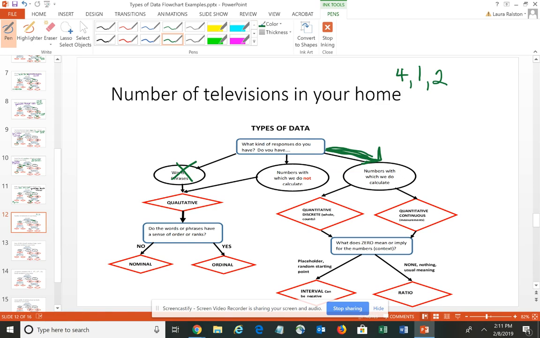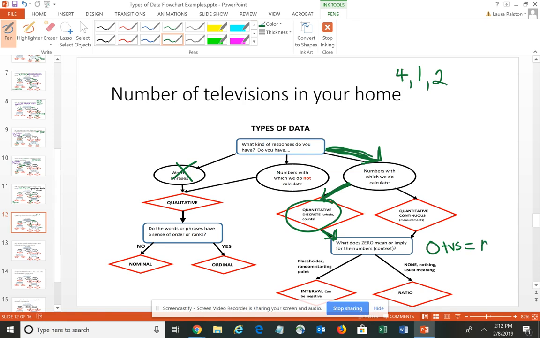Again, notice when you're getting answers, you're getting whole units. We don't really say we have 2.5 TVs or 3.25 TVs. Because you're getting whole units, that makes it quantitative discrete. And then you want to think about what it means to say there are 0 TVs in my home.